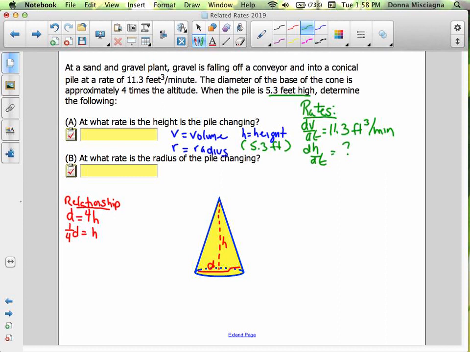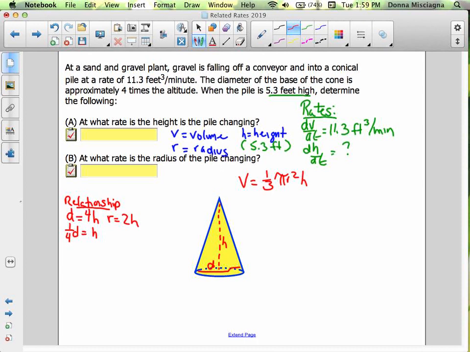So we have diameters for heights. We don't usually use the diameter in the formula for a volume of a cone. It'd be 1/3 pi r squared h. So if the diameter is 4 times the height, the radius is 2 times the height because the radius is half a diameter.